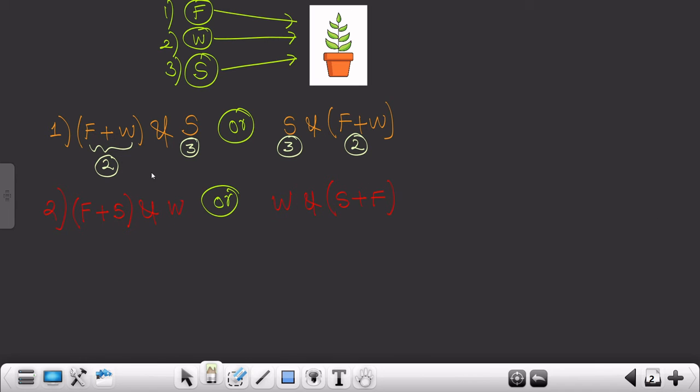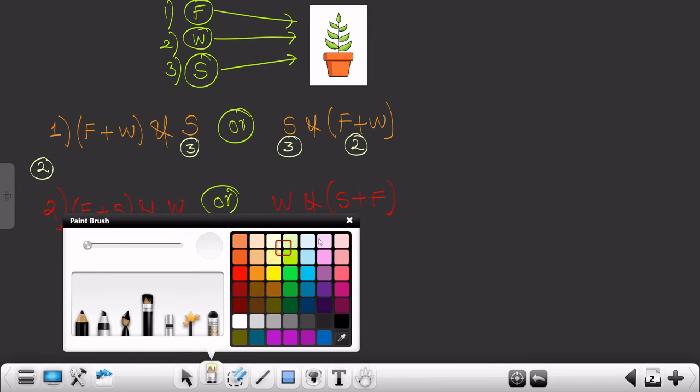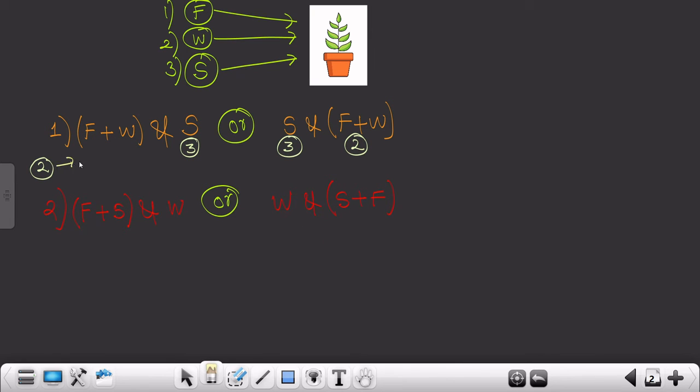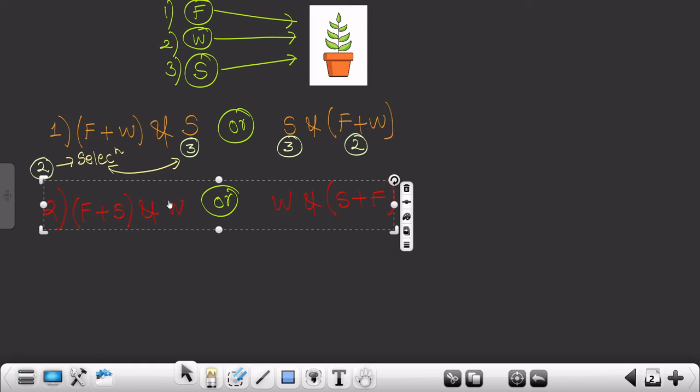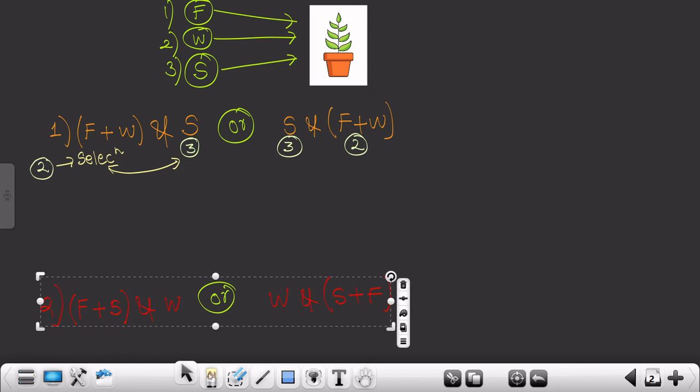Let me just erase this particular thing, or move it over here. What we did over here, we selected these two parameters, and then let me move this particular thing down below so that we get enough space to write, right?